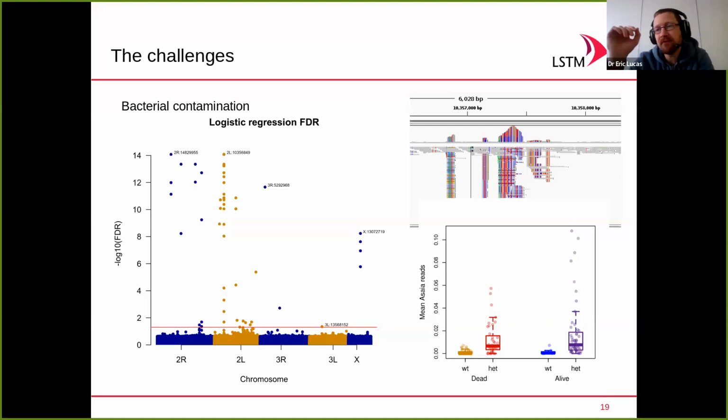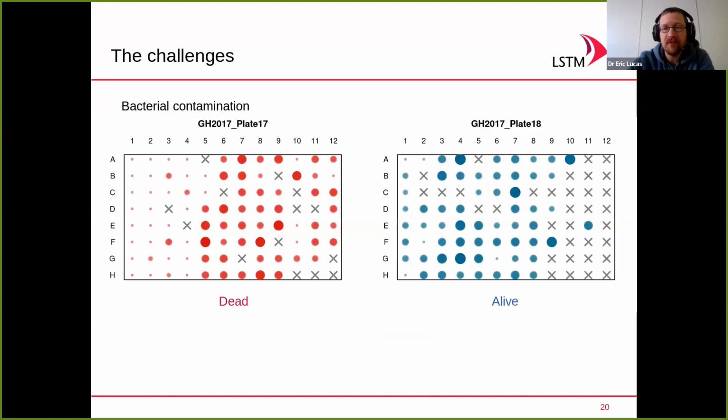But then we mapped the amount of Asaia contamination to the wells that the samples came from. This is just an example, one of our sample sites: we have one plate that had the dead individuals in them, and one plate that had the alive individuals in them. The size of each circle and the darkness of the red corresponds to how much contamination from Asaia there was in each sample.